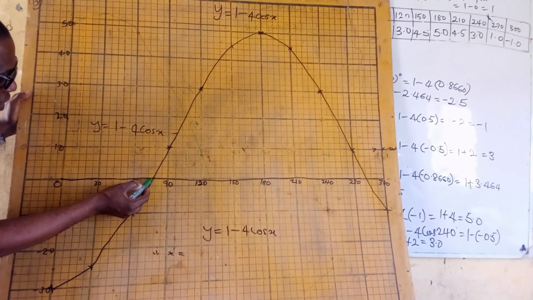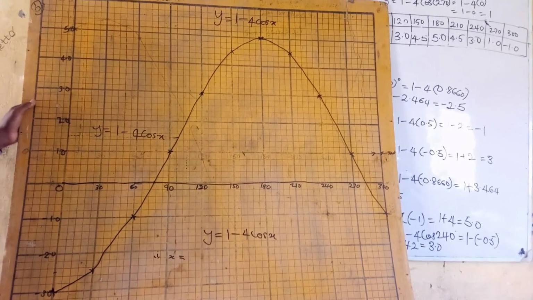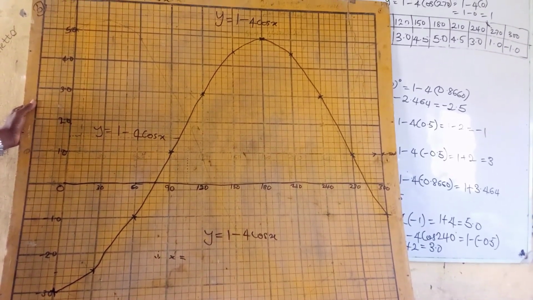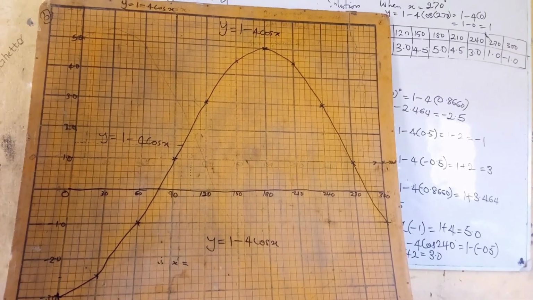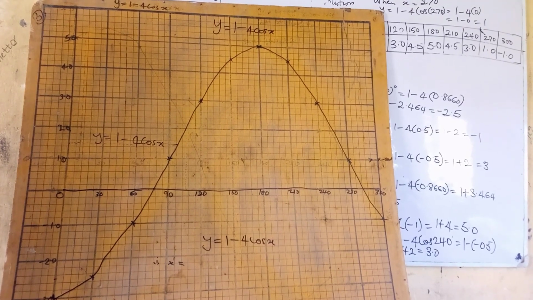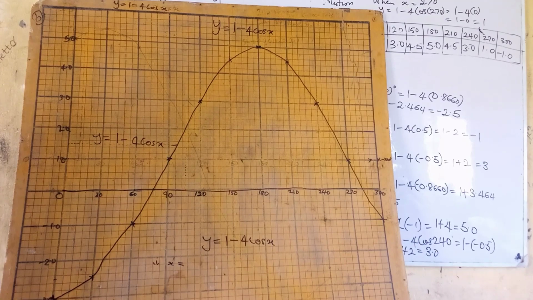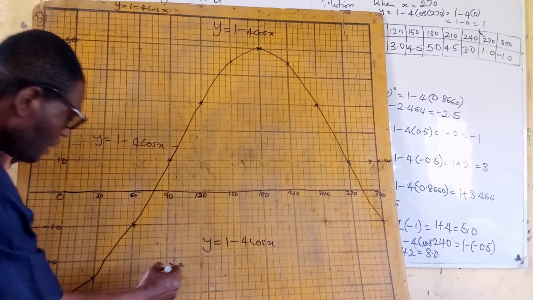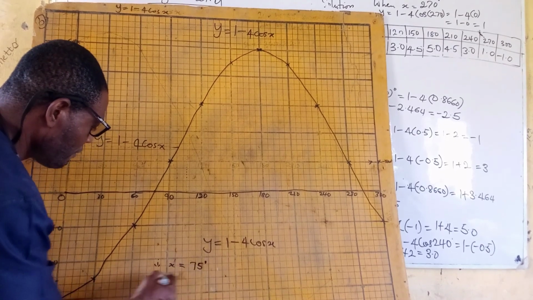Then it's passing through about the half, so add 3 to it. That's 75, right? 60 plus 15, that is 75. So we have s is equal to 75 degrees.